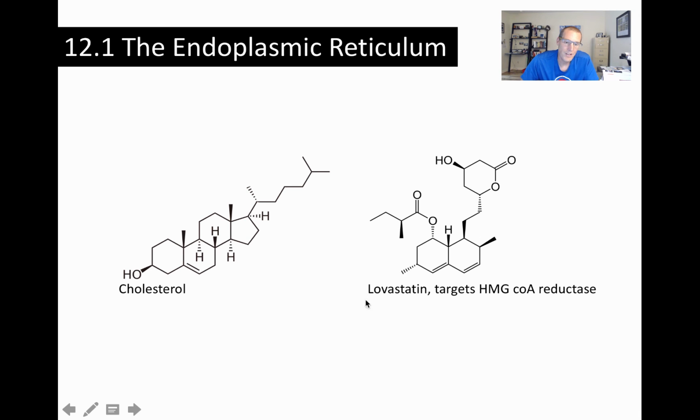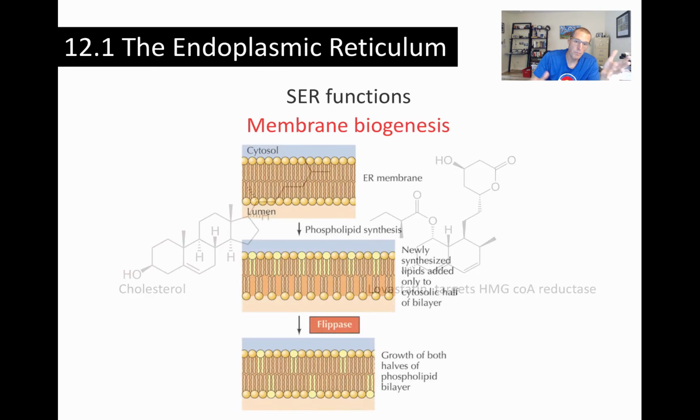If you give cells lovastatin, HMG-CoA reductase cannot bind HMG-CoA, and so it cannot make mevalonic acid, and you end up basically stopping the synthesis of the precursors needed for cholesterol, and that lowers circulating cholesterol levels. So that's one way in which you can lower cholesterol in the body. And then there are dietary ways and exercise ways as well. But that's a nice example of how a specific drug interferes with specific endoplasmic reticulum function that's biomedically relevant.